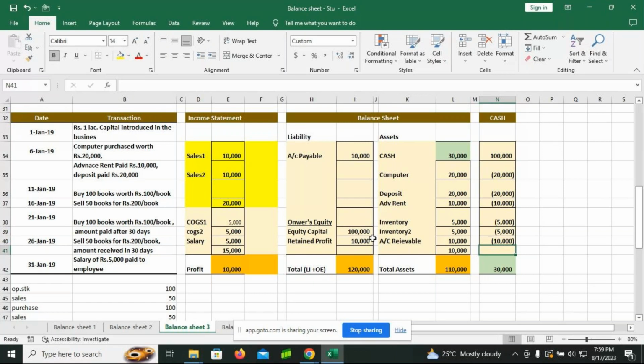In the meantime, I wanted you people to solve balance sheet 4 and 5. Okay. So for today, I'll wind up the session.